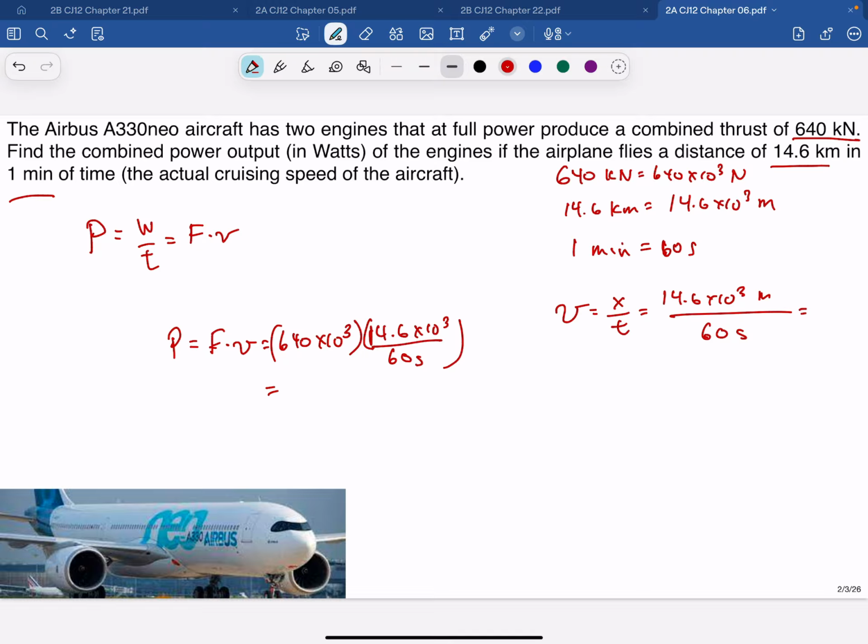Gets me 155 times 10 to the 6 watts. This is 155 megawatts of power, which is equivalent to 209,000 horsepower.